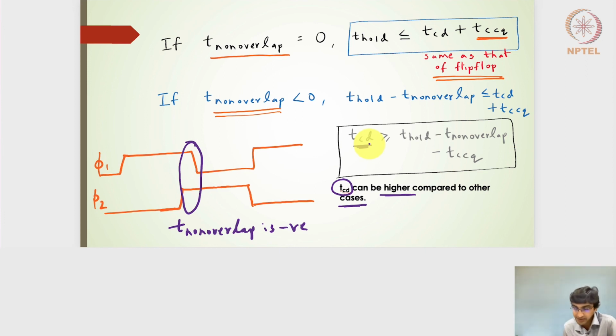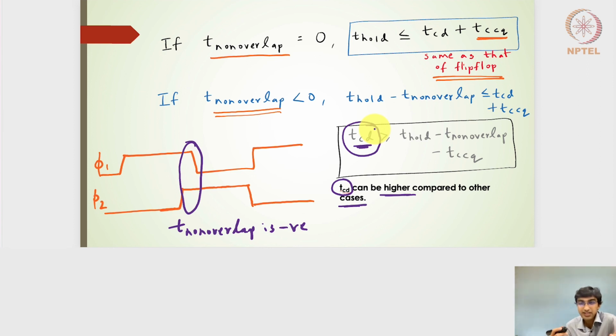What it really means is that for the design of the combinatorial circuit, I had much more relaxed design criteria in the earlier case when the T non-overlap was positive. Here it is ensuring that it goes slightly more.